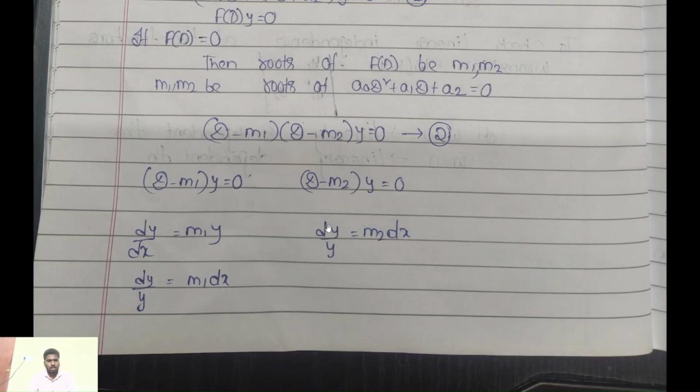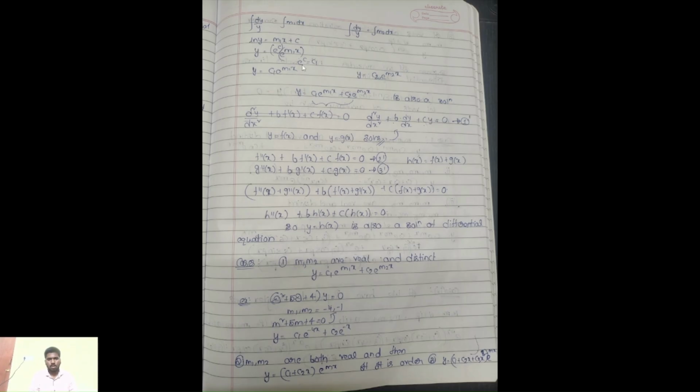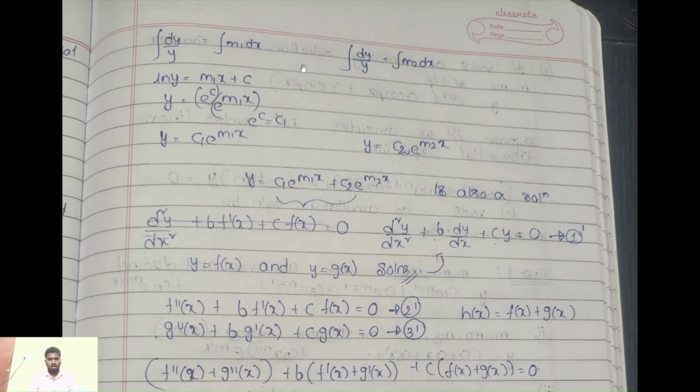So D of y means dy by dx equal to m1 y. Similarly, D minus m2 of y means dy by y equal to m2 into dx. Here you can see that integral dy by y equals integral m1 dx.